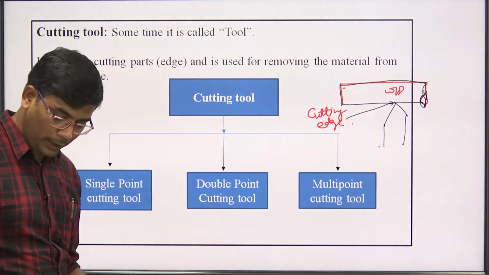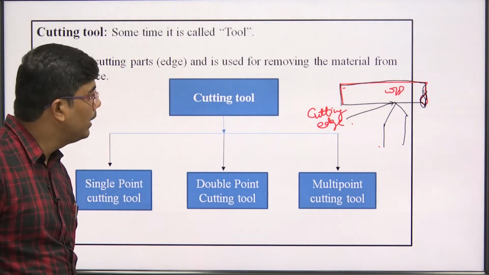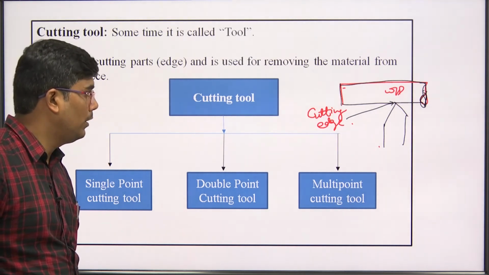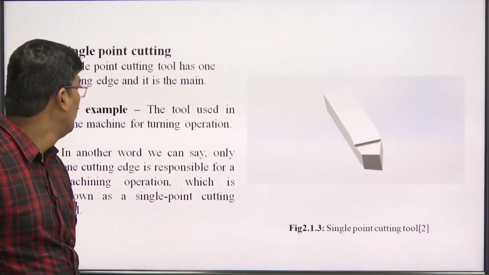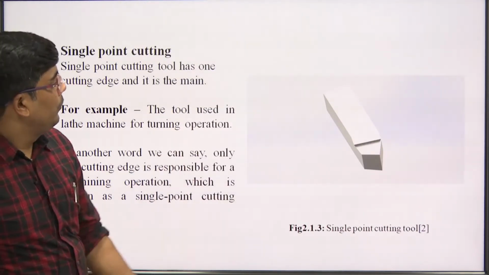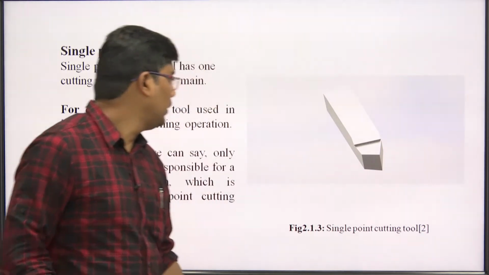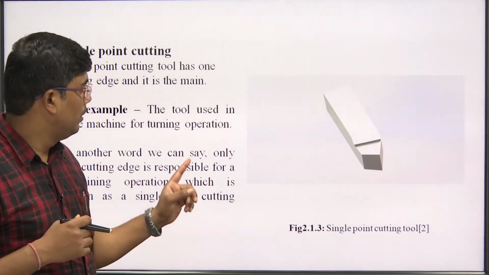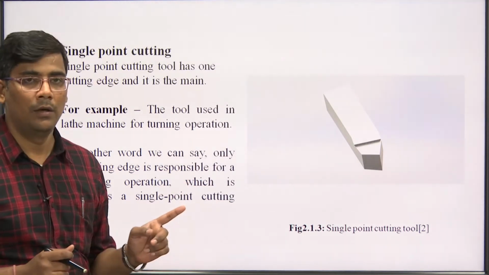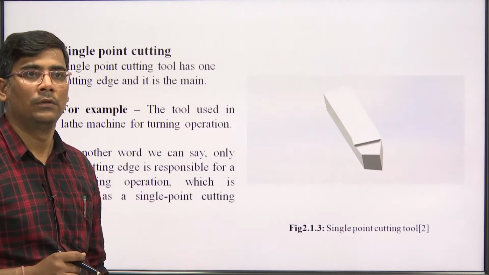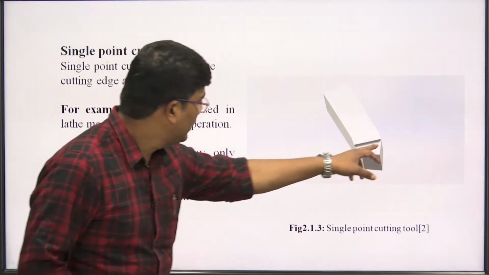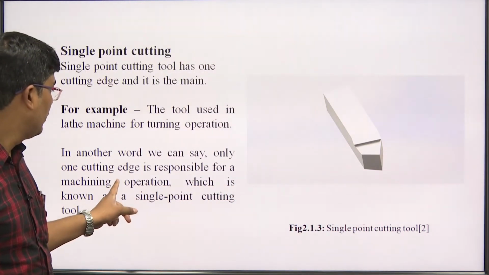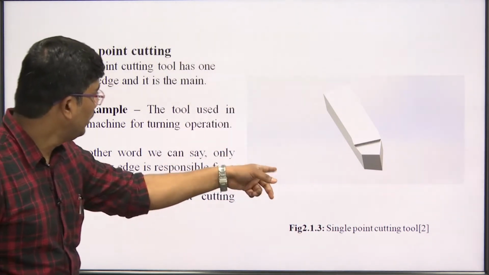So whatever is responsible for cutting, for metal removal, either for wood, metal or plastic, that is called the cutting edge. In a single point cutting tool, you can see here, this is a single point cutting tool used in lathe machine turning operations. There is one cutting edge responsible for the machining operation. You can see there is more than one cutting edge, but only one is responsible for machining, so it is called a single point cutting tool.